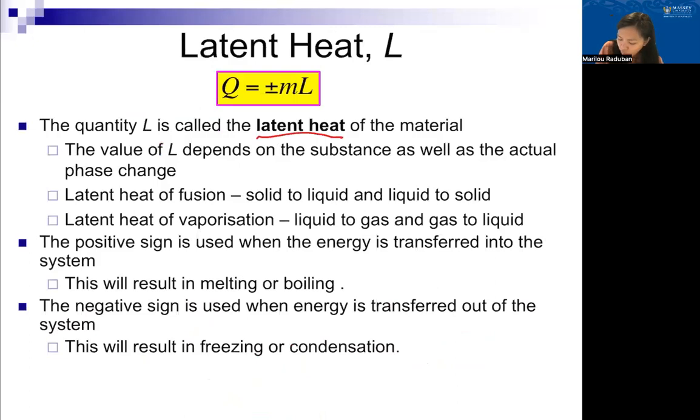When you're going from solid to liquid, or the reverse, liquid to solid, we call that the latent heat of fusion. Going from solid to liquid or liquid to solid, you'll have the same value for the latent heat. And if you're going from liquid to gas or gas to liquid, we call that the latent heat of vaporization.